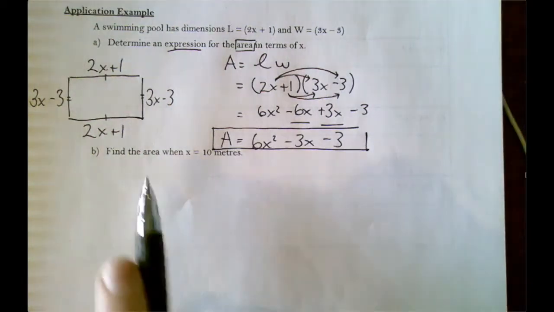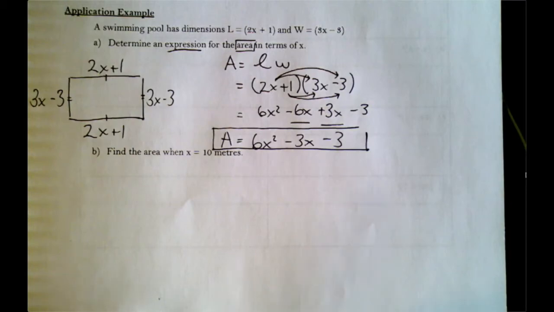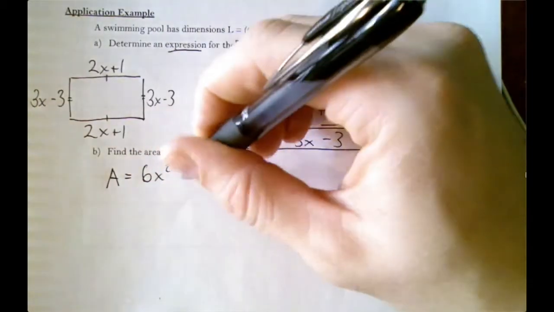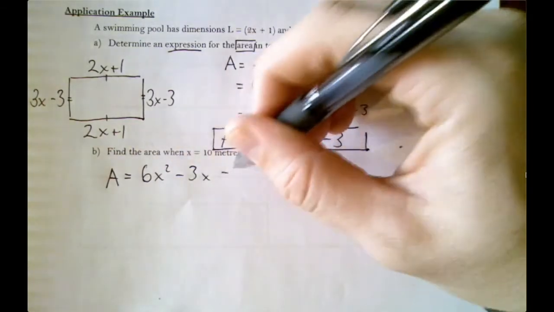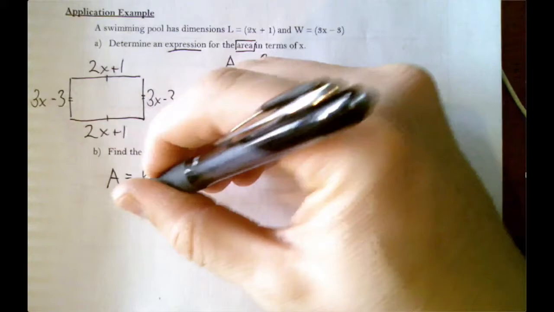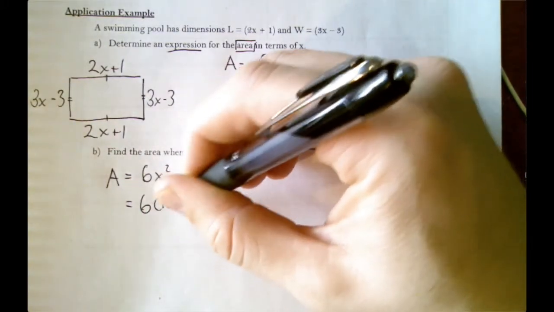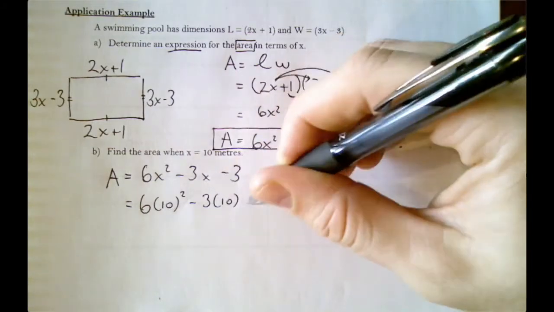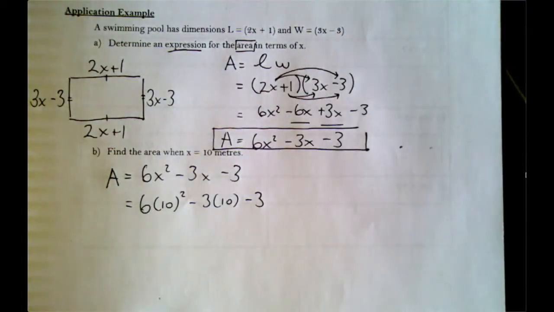Last step is find the area when x is 10. Well, that's not too bad. Area equals 6x squared minus 3x minus 3. And now we're just going to replace our x with 10. So we get 6 times 10 squared minus 3 times 10 minus 3.